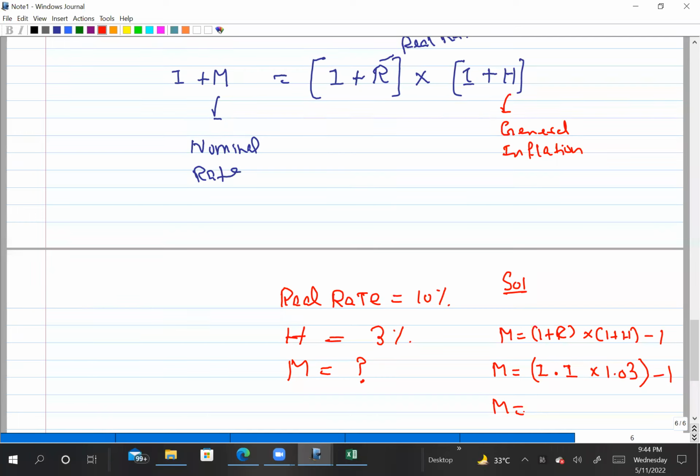It will be 13.3%. So the money rate is 13.3%. You get it?